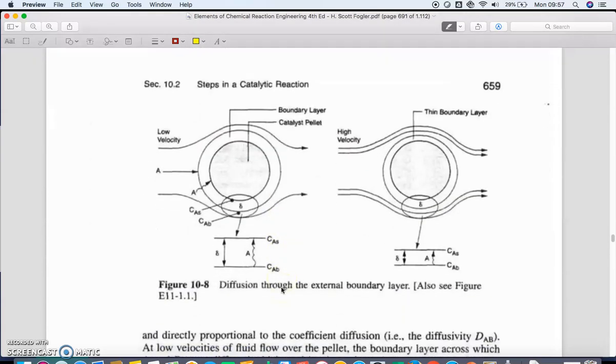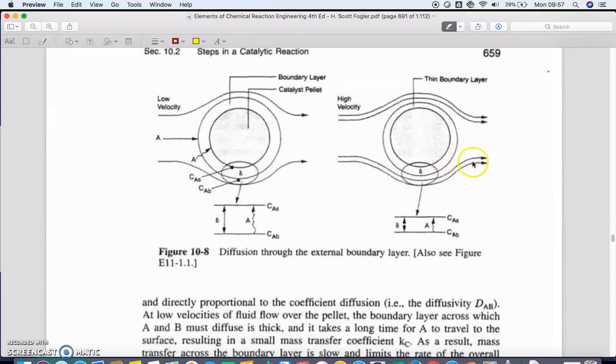Later you will see that in order for efficient mass transfer, you need to make the thickness of the boundary layer thinner, so that better mass transfer occurs for your reactant A to the catalyst surface, right? So actually the boundary layer, we can treat it as a resistance. By having higher velocity, your delta will be lower.